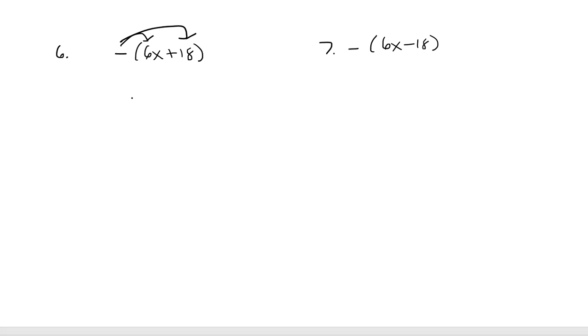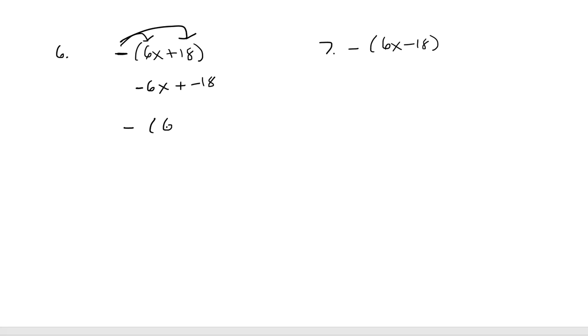Basically, what this does is if there is a negative sign in front of your parenthesis, it is going to change both of the terms inside the parenthesis to their opposite sign. So this is really saying the opposite of 6x and the opposite of 18. Okay, so that becomes a negative 6x plus a negative 18.